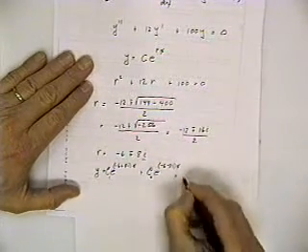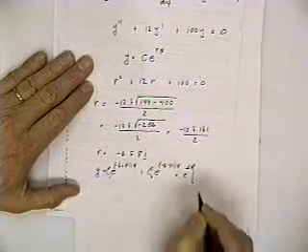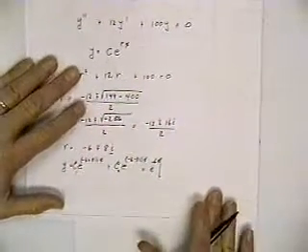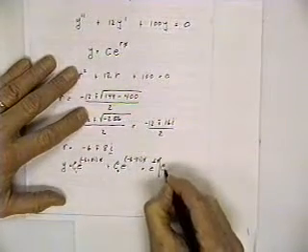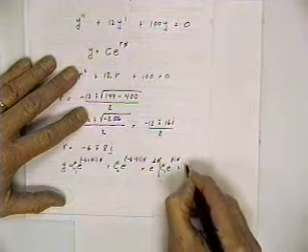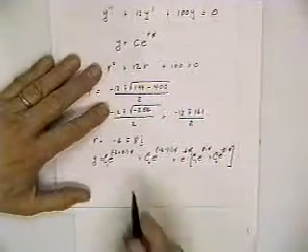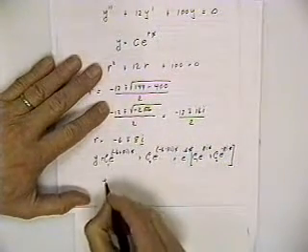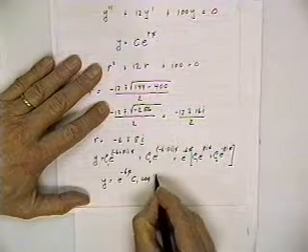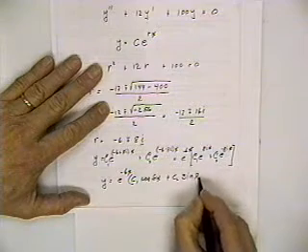And I can pull a term out of this, e to the minus 6x, and write it times c1 e to the 8ix plus c2 e to the minus 8ix. Once I get to that point, then I can write that y is equal to e to the minus 6x times c1 cosine 8x plus c2 times the sine of 8x.